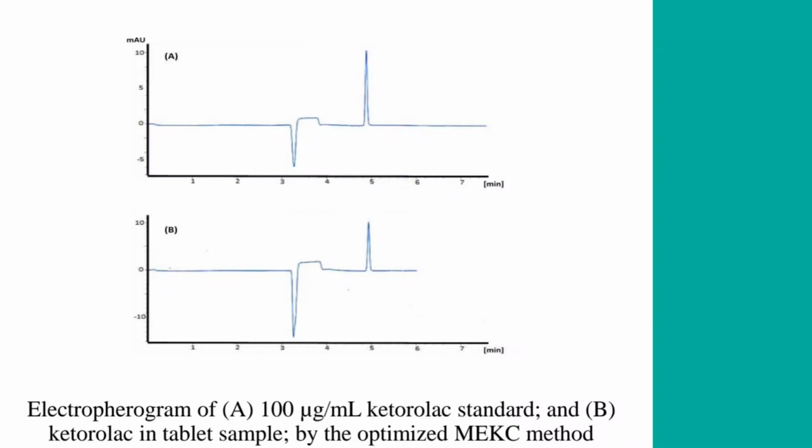This is the result for the determination of ketorolac in tablet samples. The optimized MEKC method using 30 millimolar SDS, 10 millimolar borate buffer, pH 9.3, and 30 kilovolt applied voltage has been simply applied for the determination of ketorolac in tablet samples.